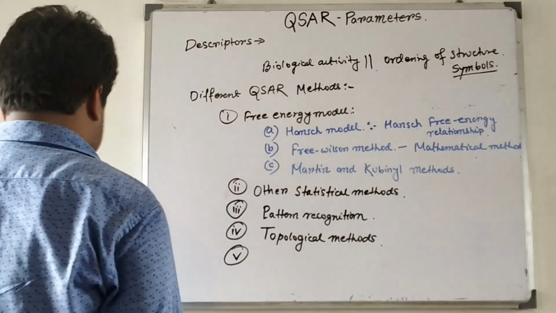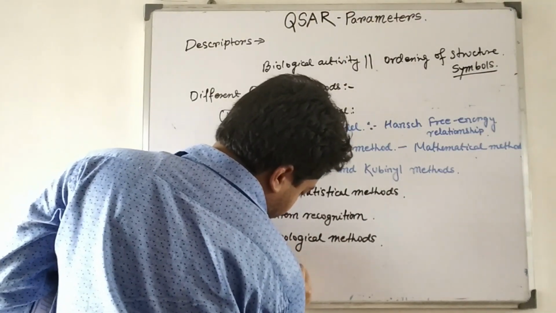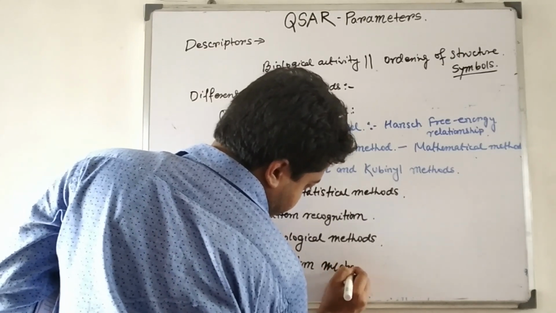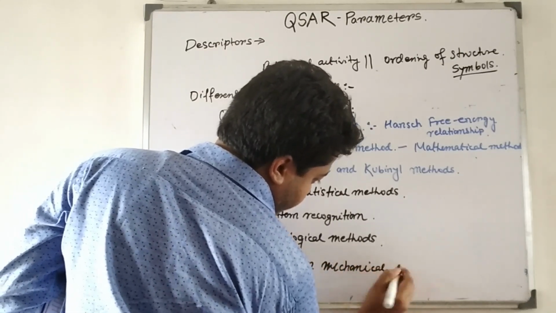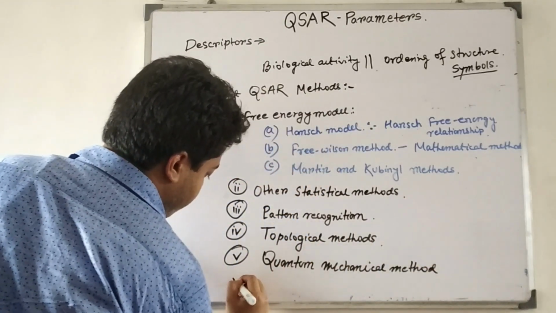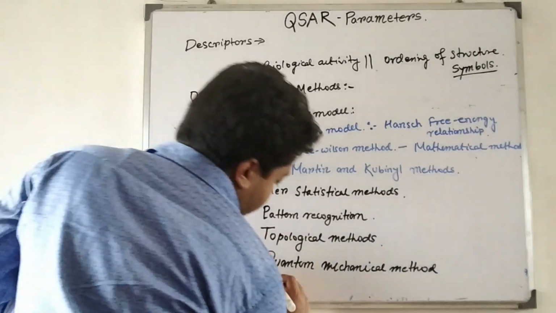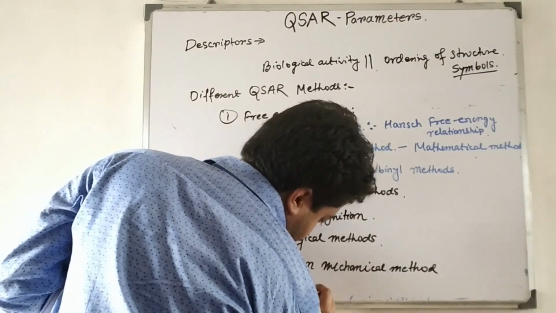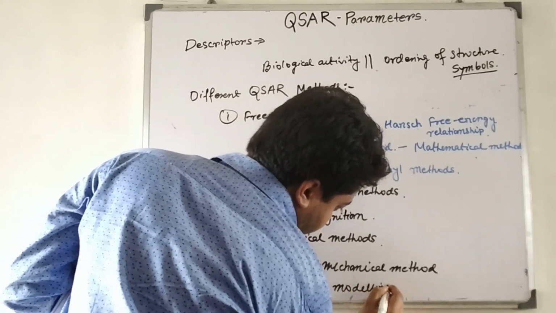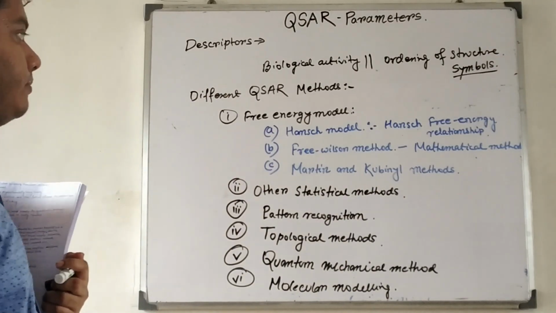Fifth one is quantum mechanical method. Sixth one is molecular modeling. So these are the different QSR methods.